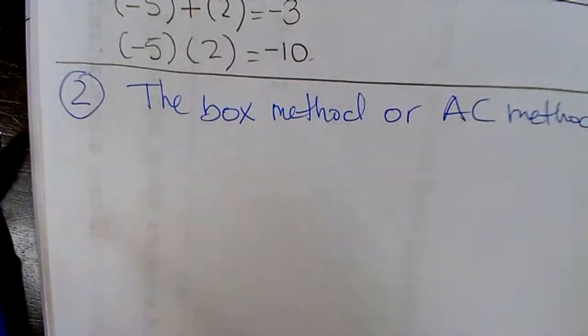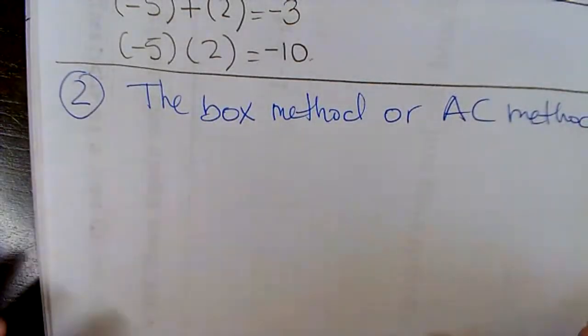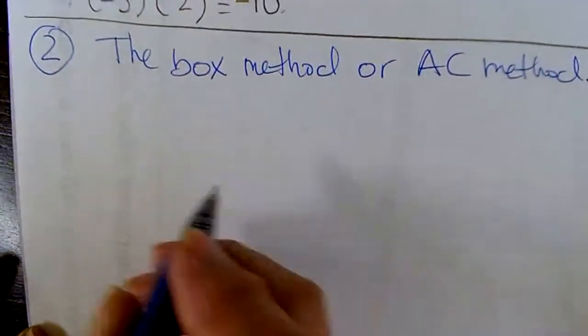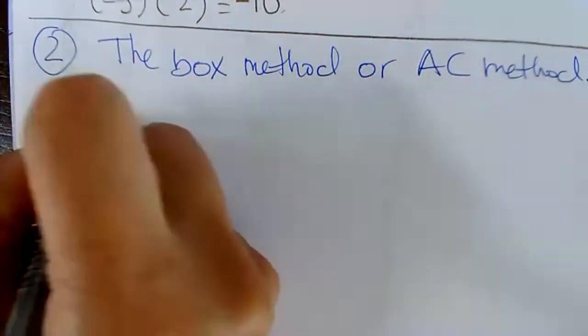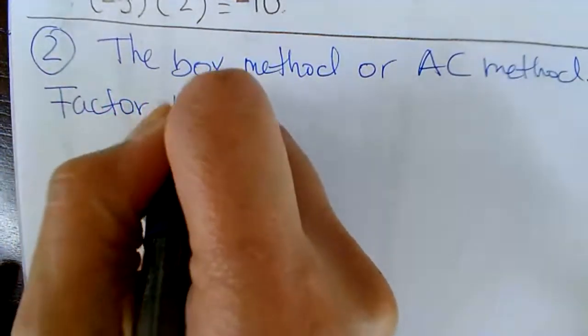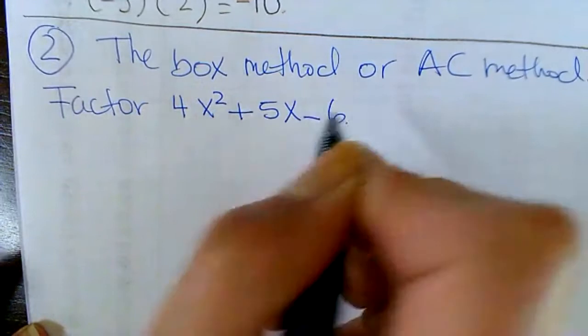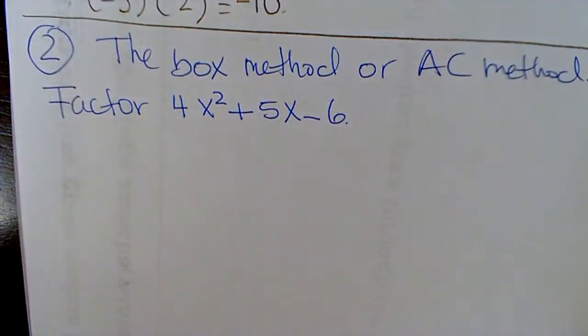Okay. So let's do this one. We've been asked to factor 4x squared plus 5x minus 6. Going back a little bit, we know what to do when we have a coefficient of 1.